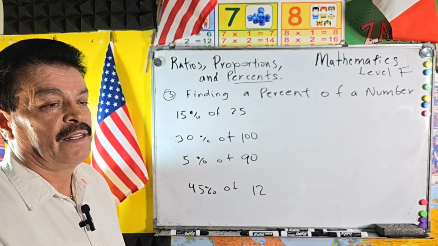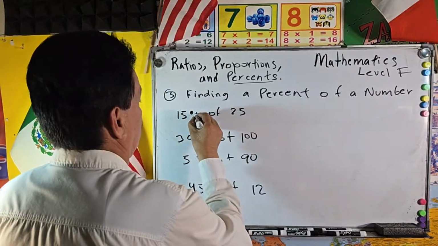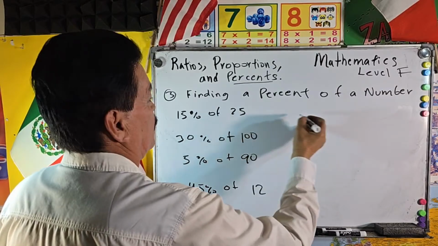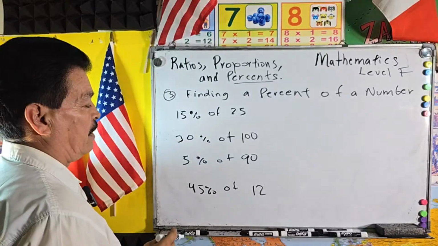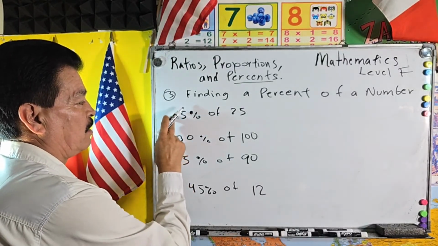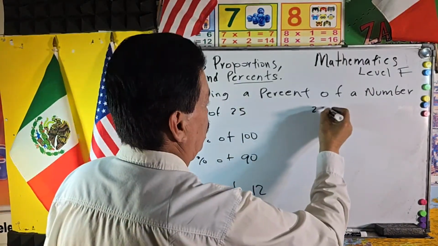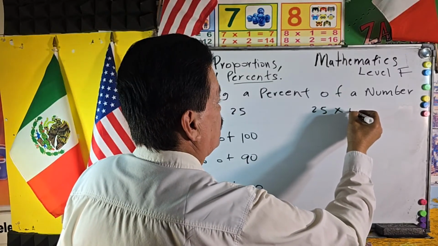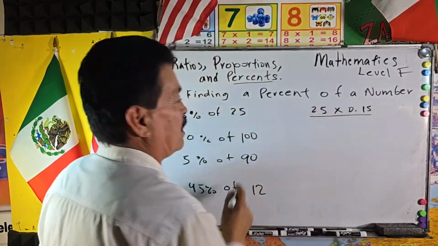We have to multiply. We have to write a decimal in this number. When you multiply, you have right here 25 times 0.15. That's the way to get this answer.